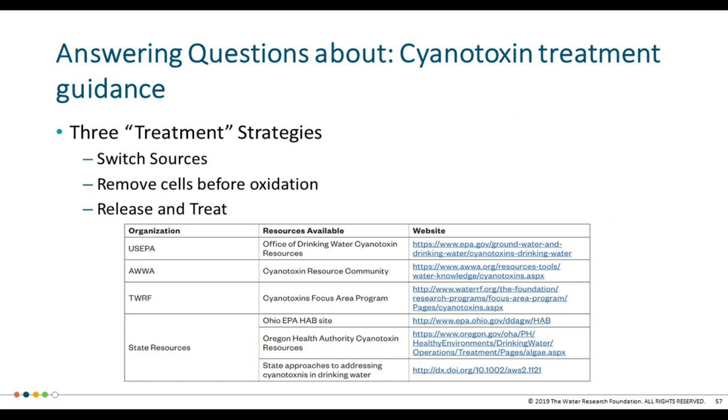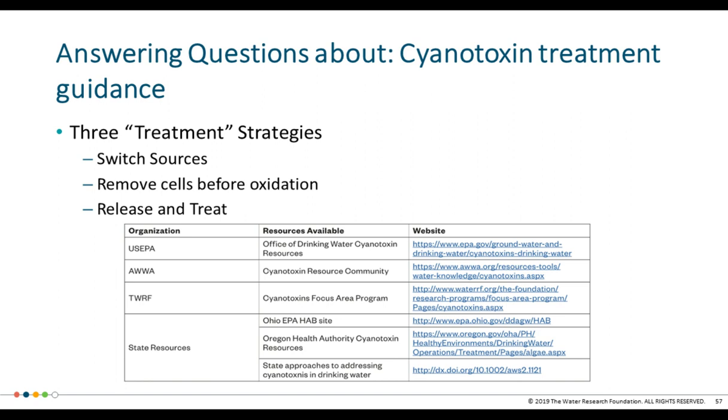Again, we took a look at answering questions about the different treatment guidance that's out there. We distilled essentially down in terms of treatment strategies to 3 major treatment strategies that have been coalesced around guidance for treatment of cyanotoxins. And the first being most obvious, if you have the flexibility to switch sources away from the algae impacted sources.